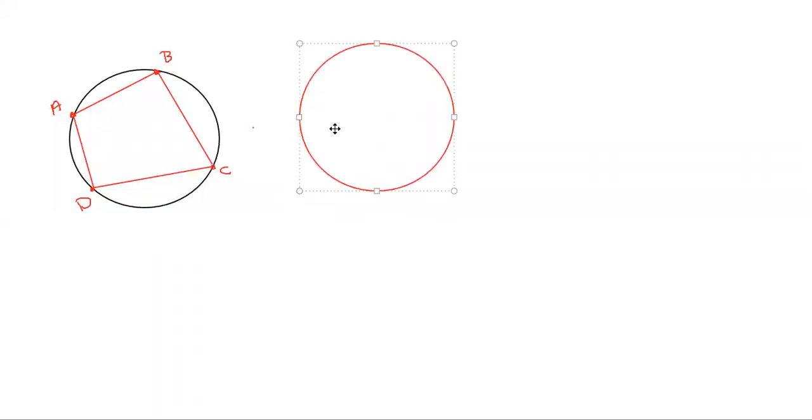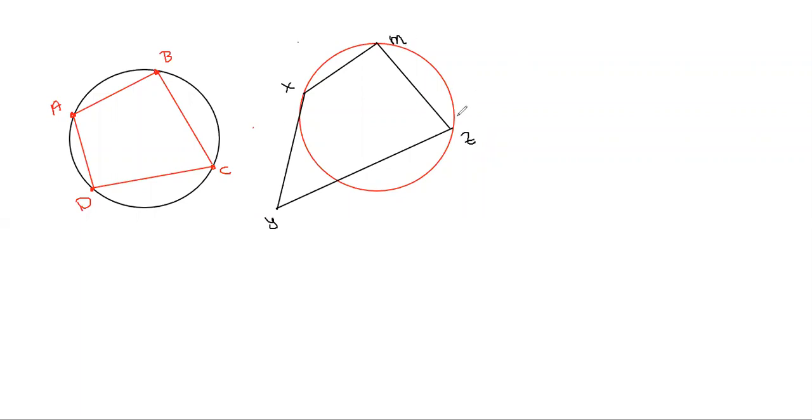If I have another circle, and another quadrilateral, let's say X, Y, Z, M, for example.